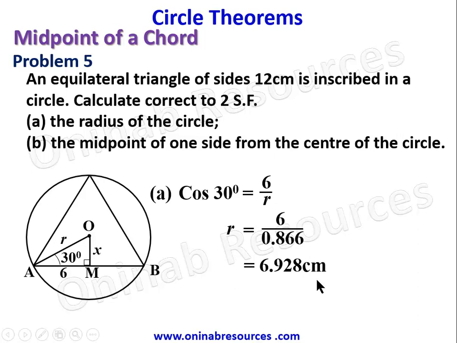To 2 significant figures, we are going to have it as 6.9. This is the first significant figure, the second significant figure. The third number is not up to 5, so we round it down. So we have our final answer as 6.9 centimeters to 2 significant figures. So that's the solution of problem 5A.